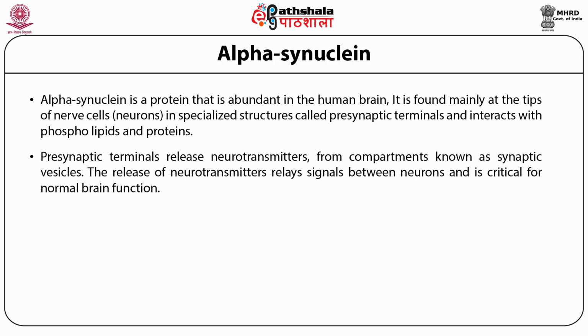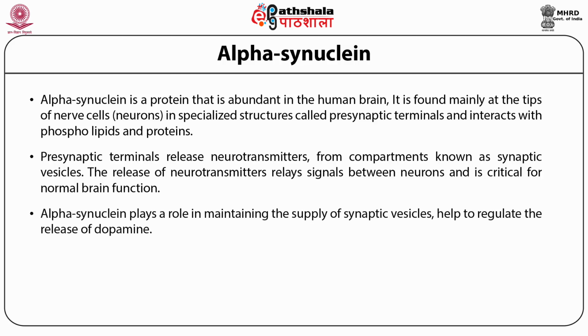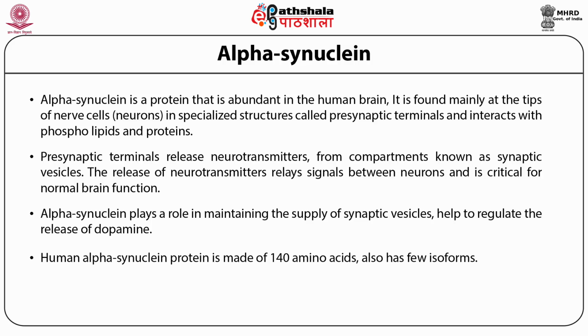Presynaptic terminals release neurotransmitters from compartments known as synaptic vesicles. The release of neurotransmitters relays signals between neurons, and it is critical for normal brain function. Alpha-synuclein plays a role in maintaining the supply of synaptic vesicles and helps to regulate the release of dopamine.